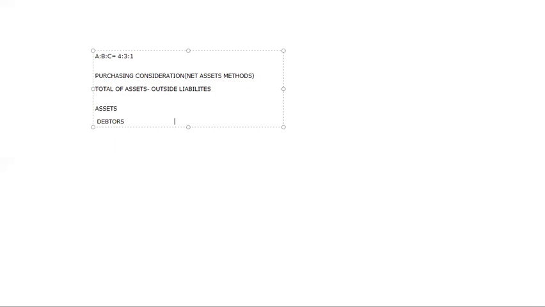So first they are taking debtors at 7,000, then they are taking plant at the rate of 5,500, then they are taking stock at the rate of 6,000, then they are taking land and building. So simply I'm writing land. They are taking land at a rate of 11,000.